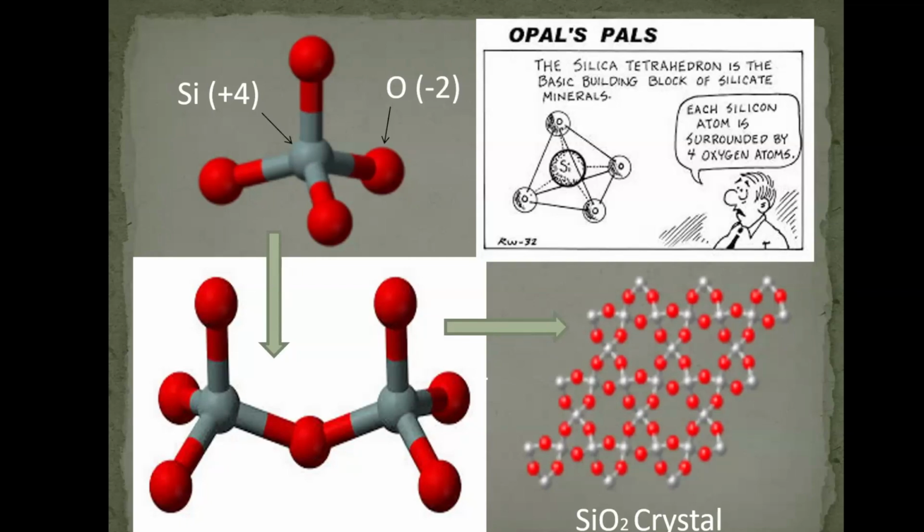So instead of just grabbing two oxygen atoms, it will share one oxygen atom between two silicons. Each time it shares, it's only taking half of the charge, one charge. So if it's a +4 and it shares 4 oxygens at only -1 each, -1, -2, -3, -4, now it's back to being 0.